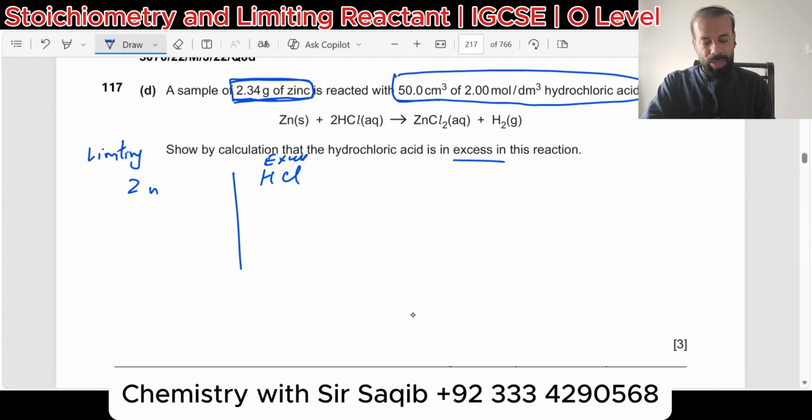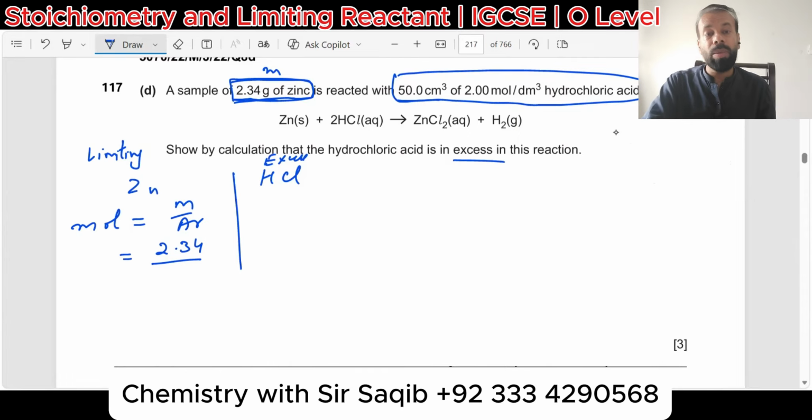So first of all, calculate moles of zinc. What is given for zinc? Mass is given. So how many moles are there for zinc? Mass over atomic mass of zinc. So 2.34 divided by the mass of zinc, which is 65.